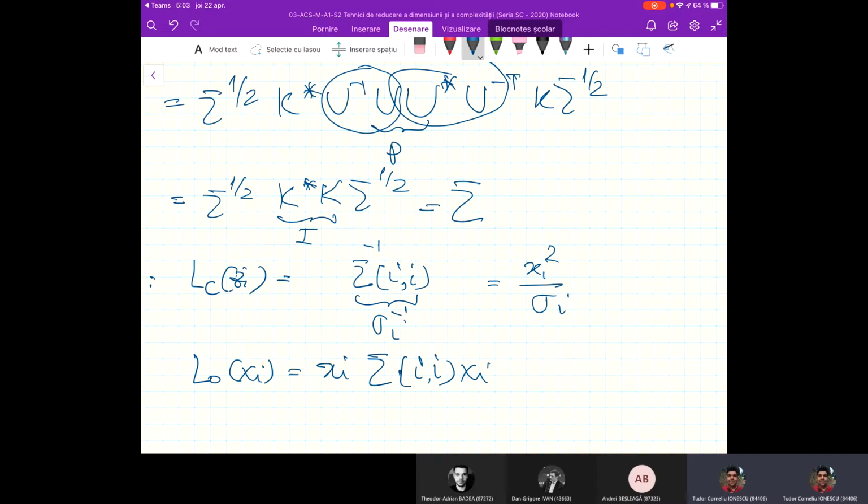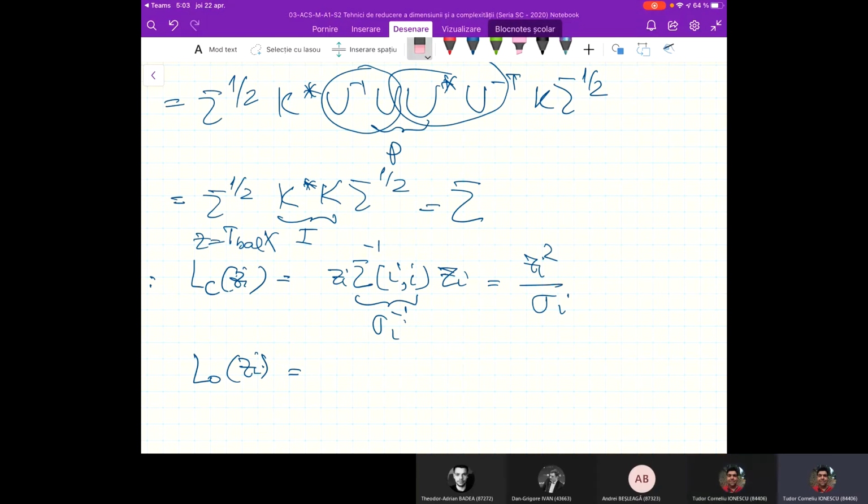Zi, because we are in the coordinate z equals T bal x, zi, and this should also be zi here, zi squared. And the same applies here. So this is zi squared sigma i.